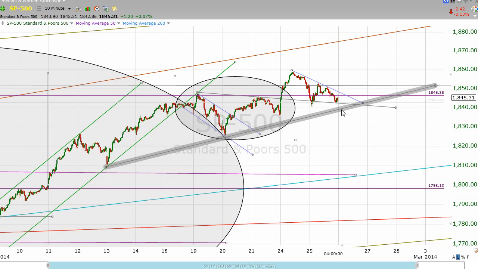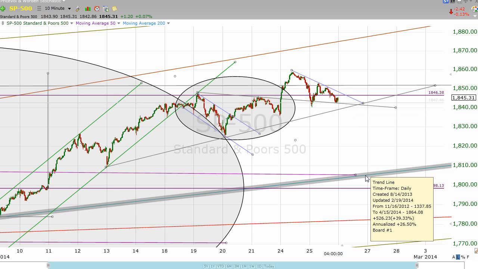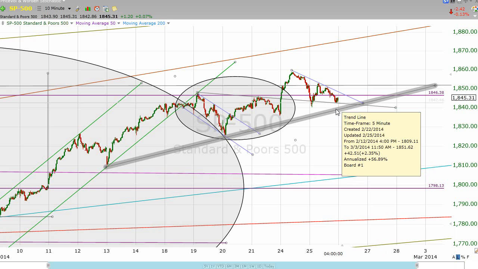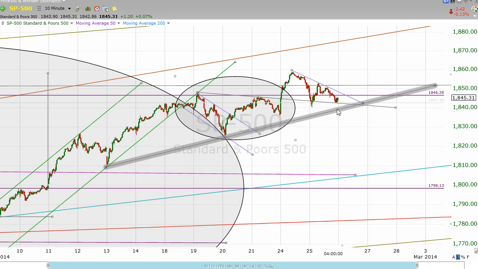But if we break this line and then we continue to break lines of support, then we may need to look at that possibility. So I would not put a tremendous amount of importance on this trend line.